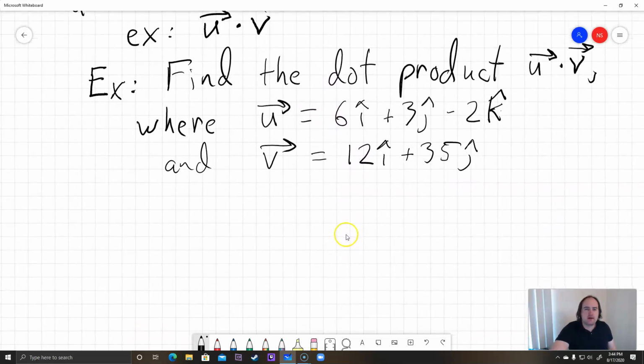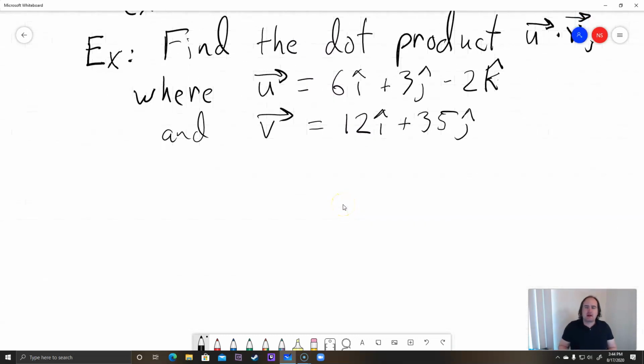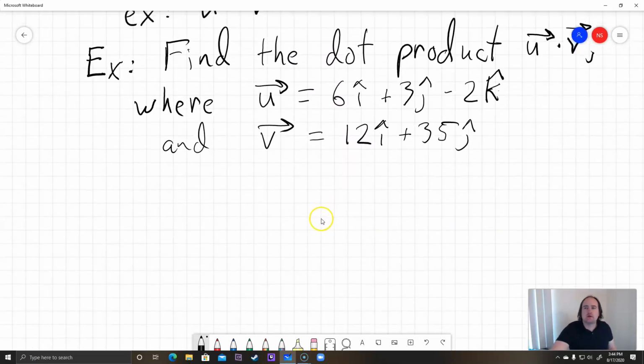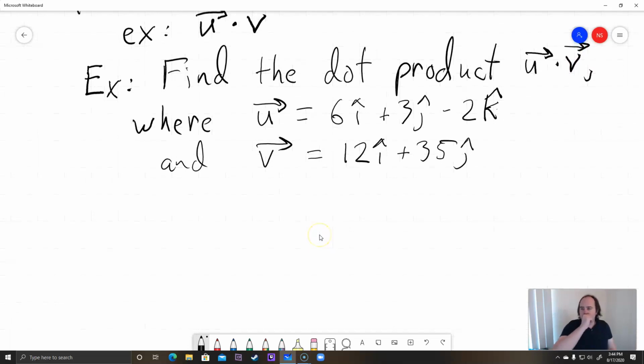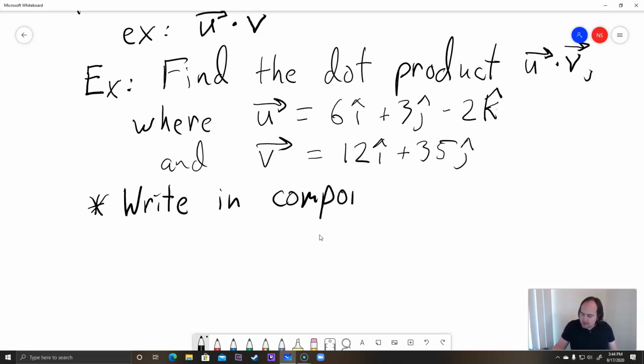So how are we going to do that? Well, to find a dot product, you basically just multiply the components of the vectors. The basic idea here is write in component form, so write as a position vector.